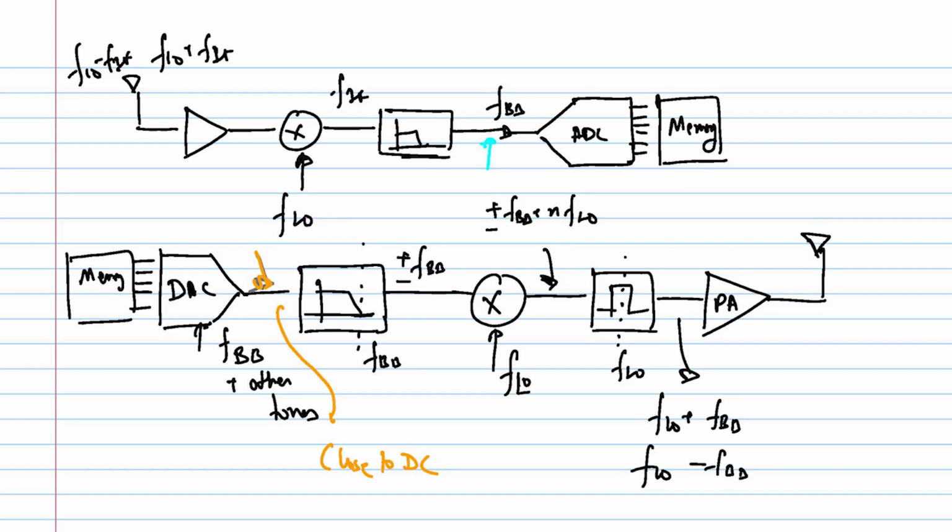Now we know how a mixer works, so we can readily go about it without giving too much introduction. What was the first thing that we did when we were doing mixers on the receiver side? We talked about single balance and double balance mixers, right? So here also in the transmitter side, we will have the concept of single balance and double balance mixers, and the reasoning will be similar.